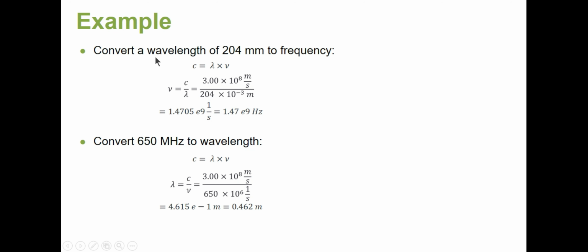Okay, so converting a wavelength of 204 millimeters to frequency. Here's my starting equation. I rearrange it for the one I want to use, that frequency is equal to the speed of light divided by the wavelength. And if you really struggle with these Greek letters, you can write your formulas in terms of wavelength times frequency and just use those words.